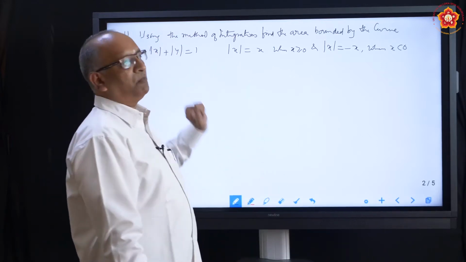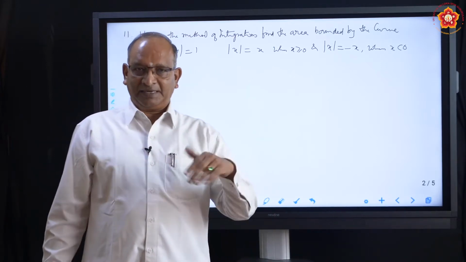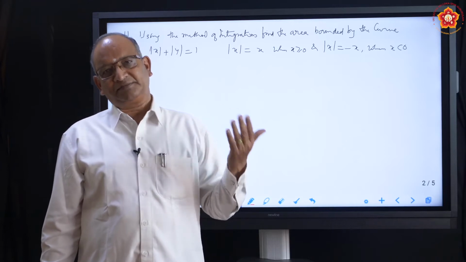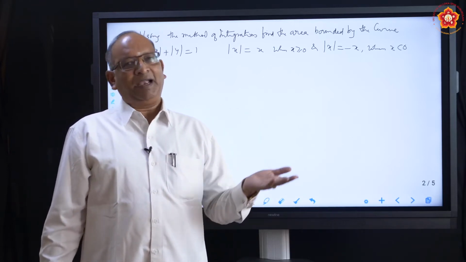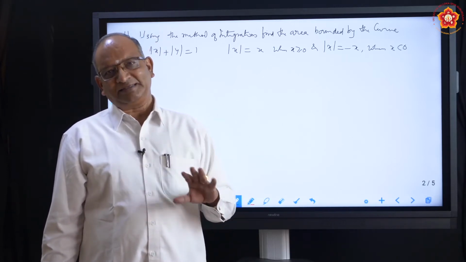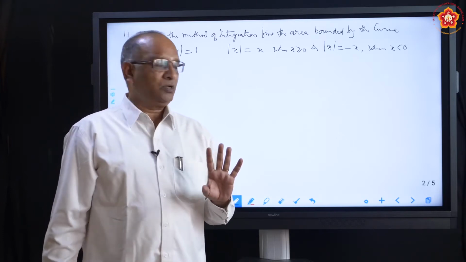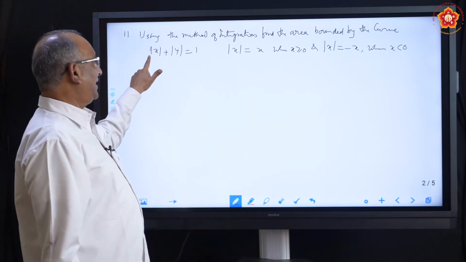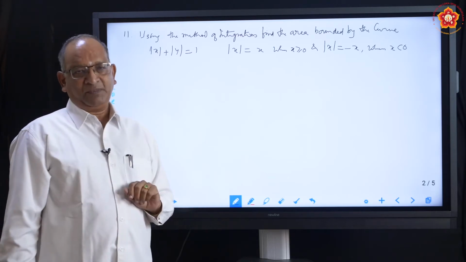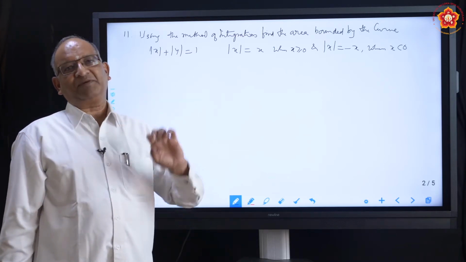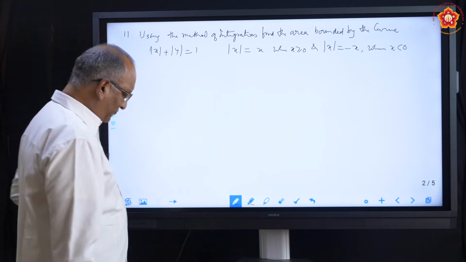Same is the case with modulus of y. It is equal to y when y is greater than or equal to 0, and it is minus y when y is less than 0. So, if you take positive and negative values of each of them, we have 4 types of combinations. What are the 4 types?